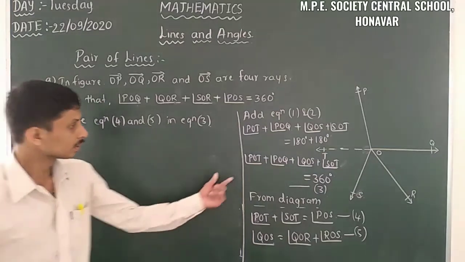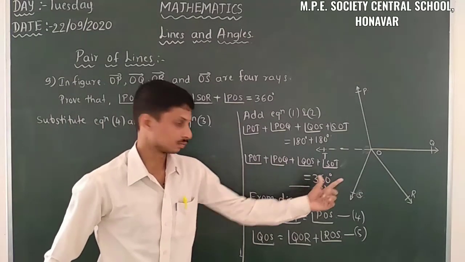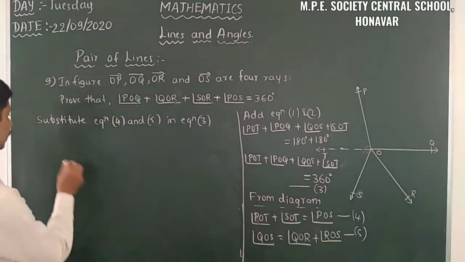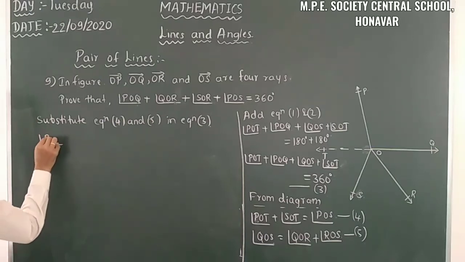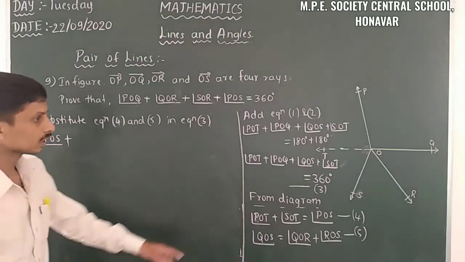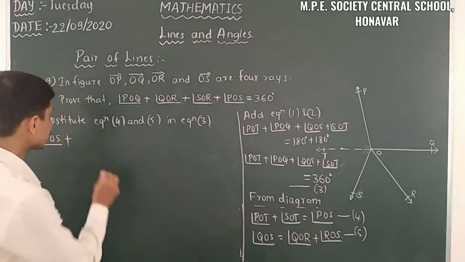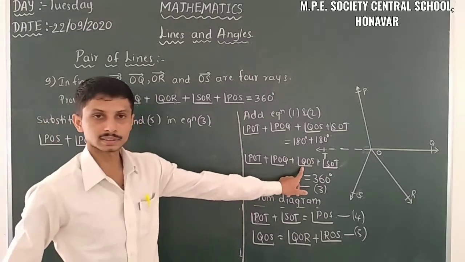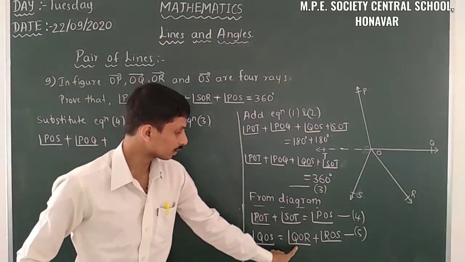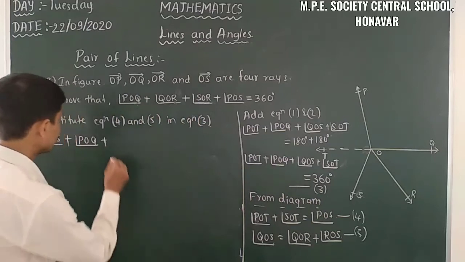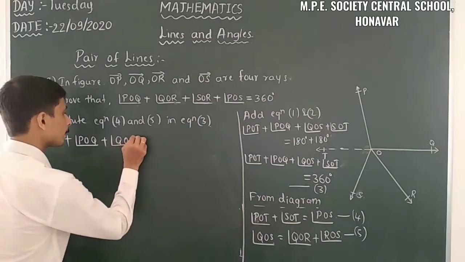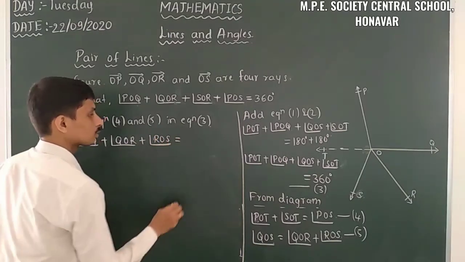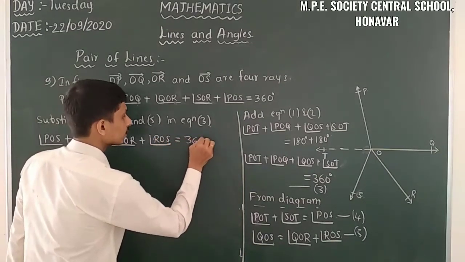What happens here? Angle POT plus angle SOT is equal to angle POS. So angle POS plus angle POQ remains as it is. Then angle QOS can be written as angle QOR plus angle ROS, is equal to 360 degrees.